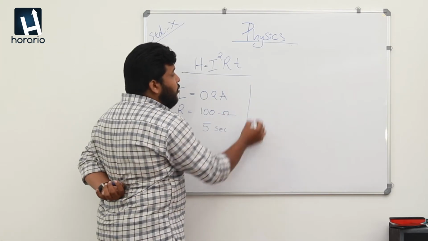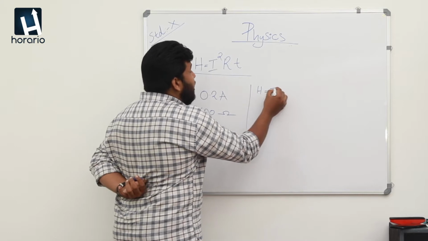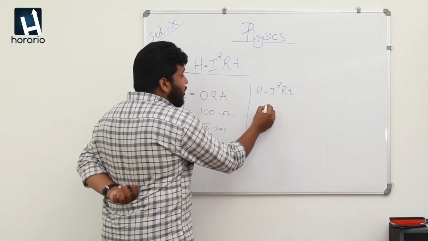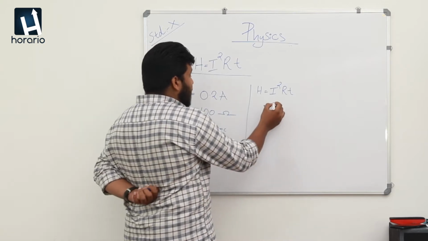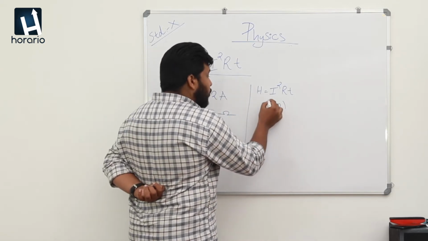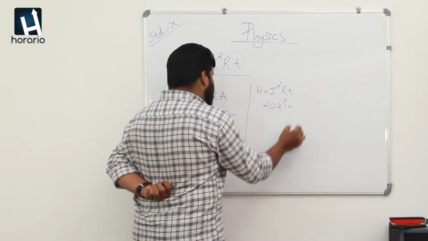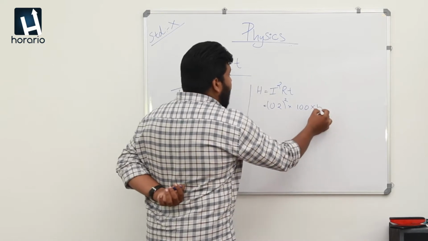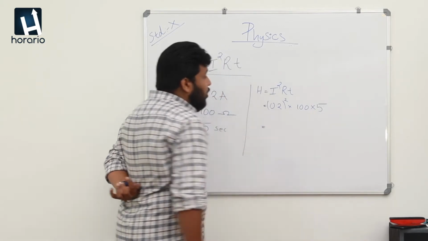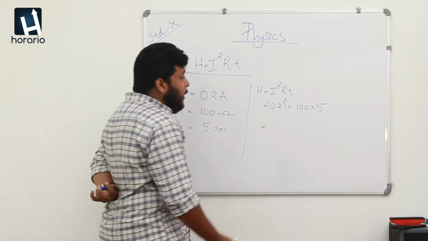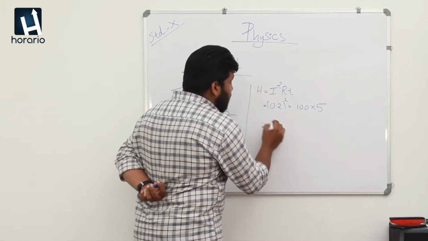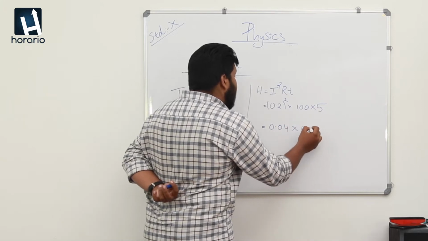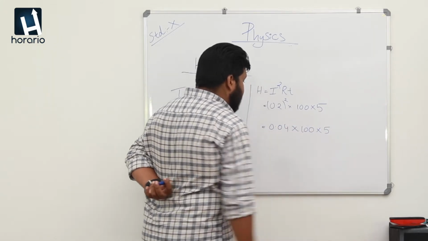So from the equation we know that H is equal to I square RT, and here we can substitute the known values. They are 0.2 whole square into 100 into 5, and the answer will be 0.04 into 100 into 5.